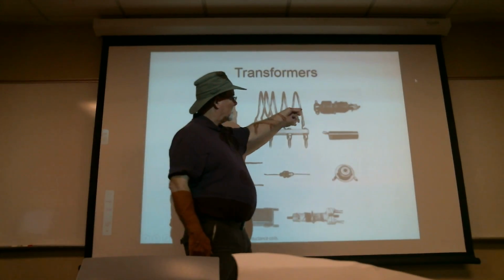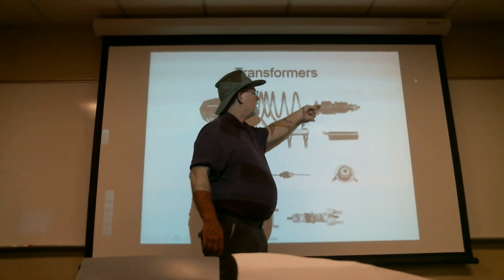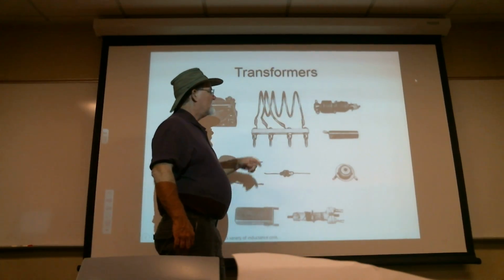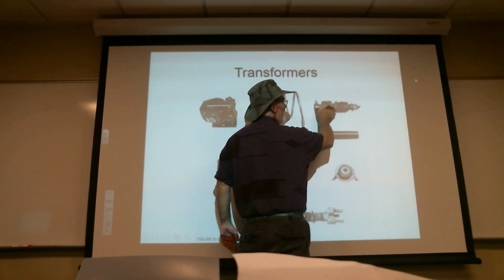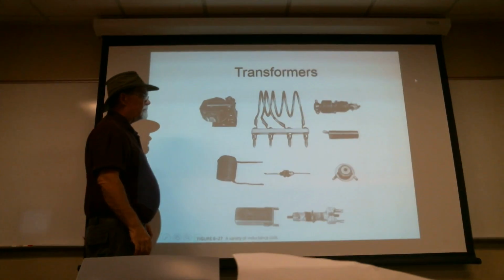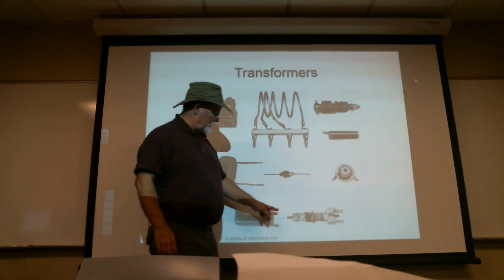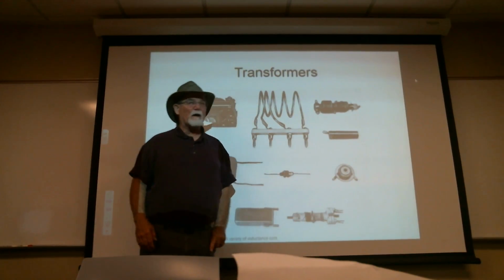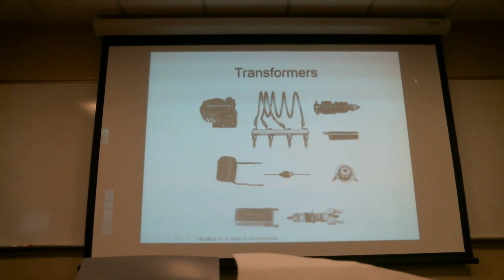This one here, it looks like you can tune it by moving the permeable magnet inside up and down, and wherever that piece of metal, that slug, sits relative to the 2 coils will vary how much inductance or how much magnetism is induced across it. Same thing here and same thing there. Little bitty adjustable transformers.